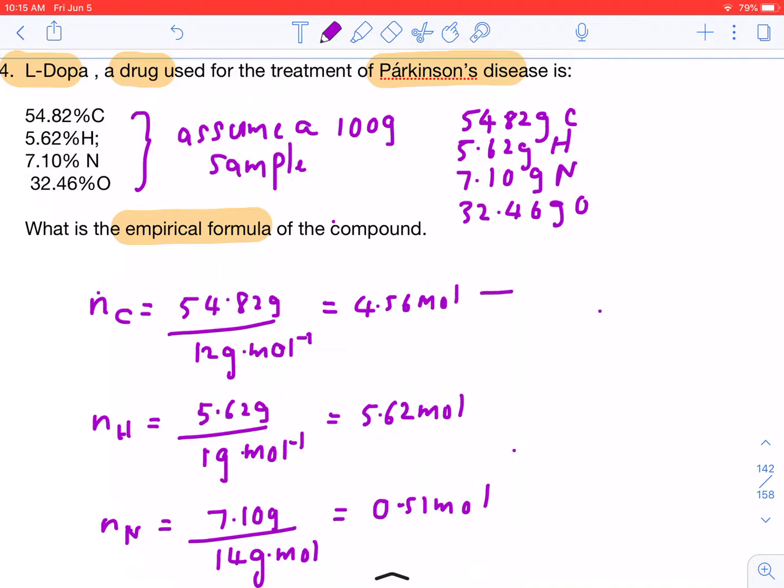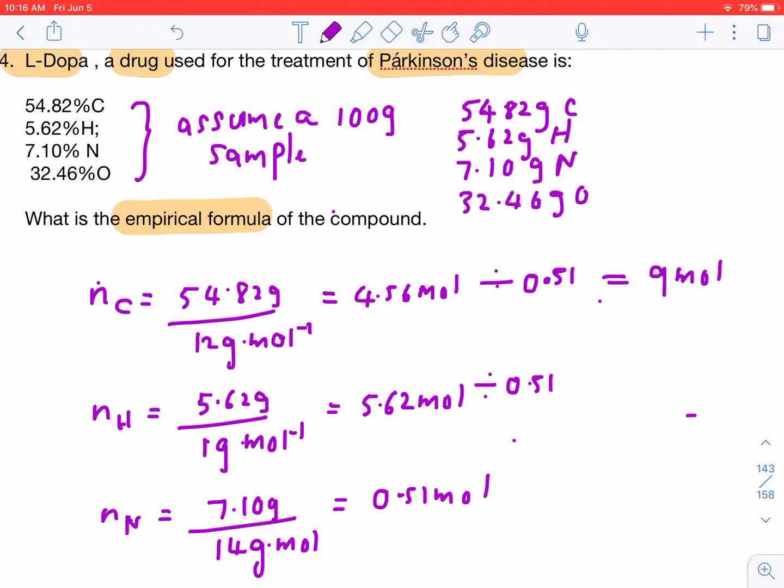So we divide this by 0.51 moles, and that would give us 9 moles. Here we divide that again by 0.51 moles, and that would then give us 11 moles.